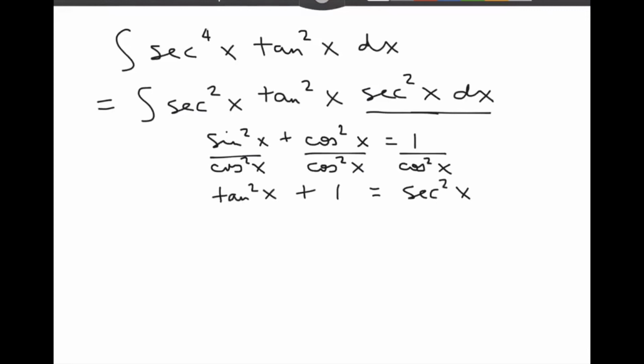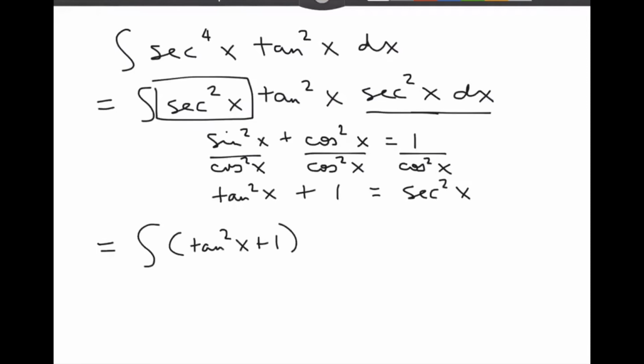So I am going to replace this secant squared x with tangent squared x plus 1. And that is going to give me integral tangent squared x plus 1 times tangent squared x times secant squared x dx.